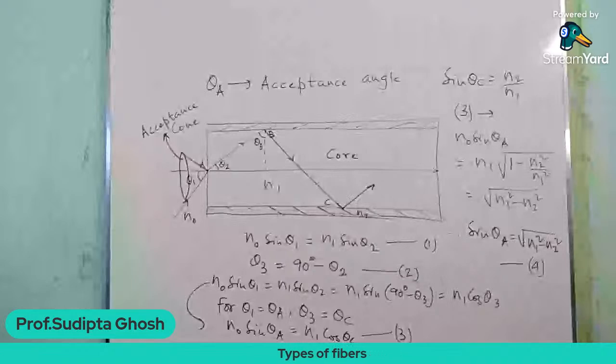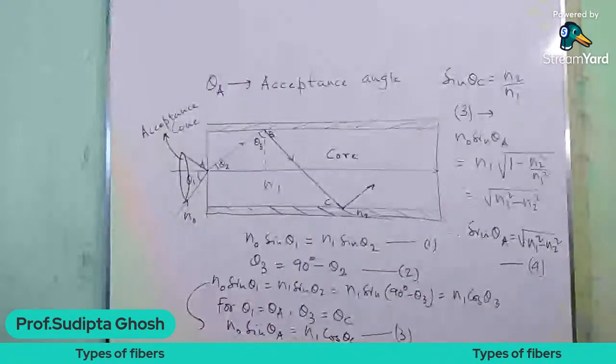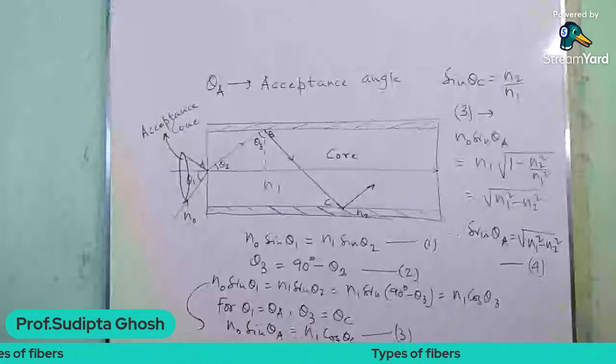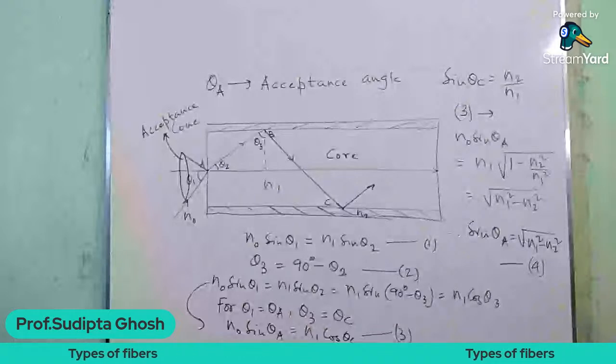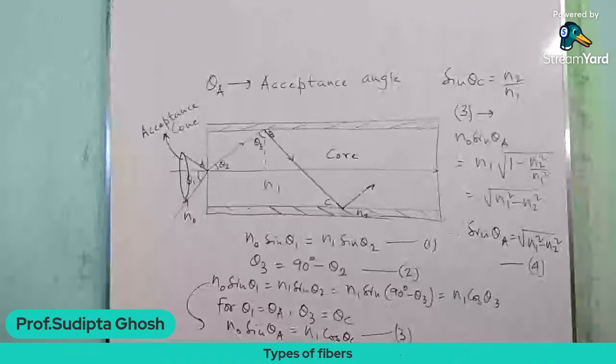So in this part we have studied the acceptance angle as well as the numerical aperture, and you can get from this discussion that these two are actually the physical parameters of a fiber.